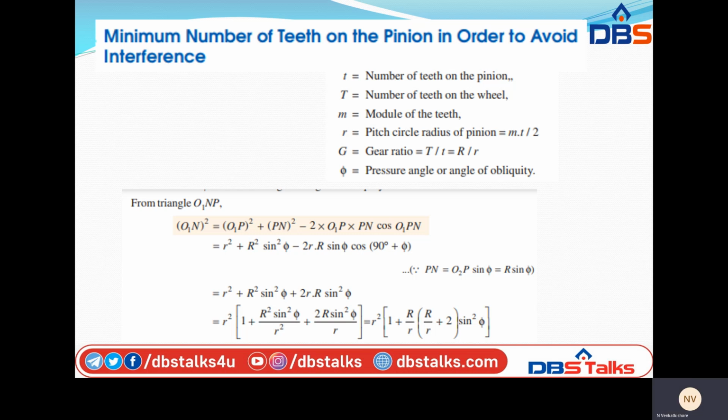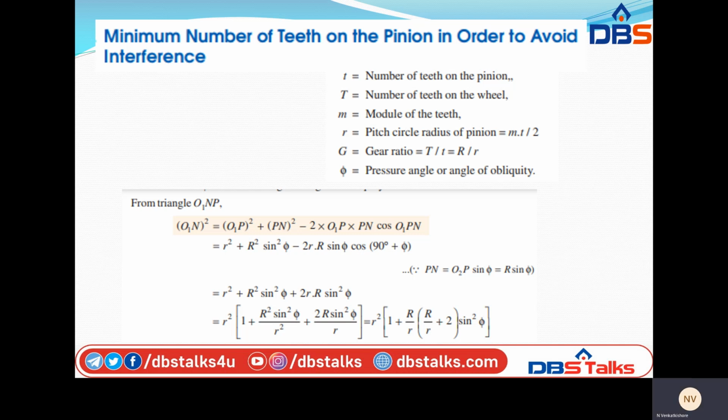Then again, sine square phi is the common element. So r square into 1 plus capital R square by small r square plus 2 into capital R by small r into sine square phi.